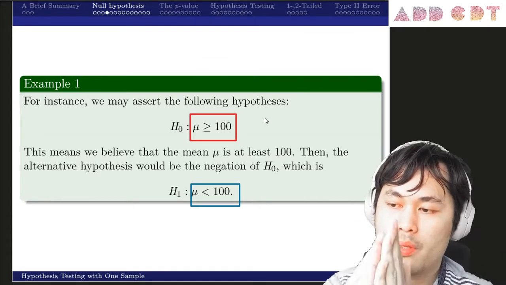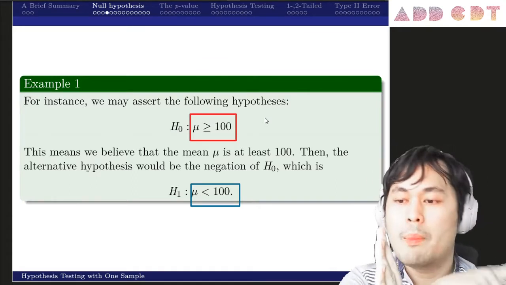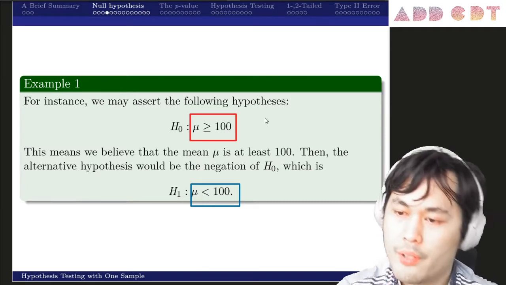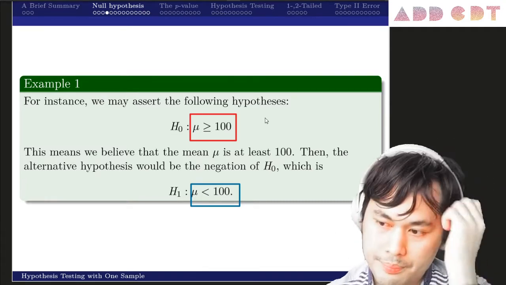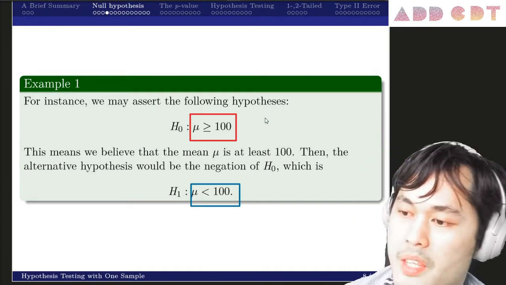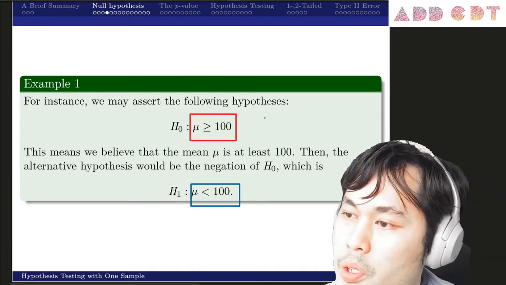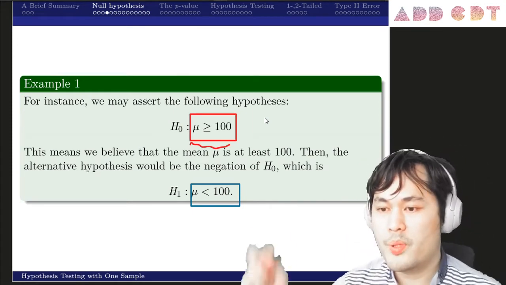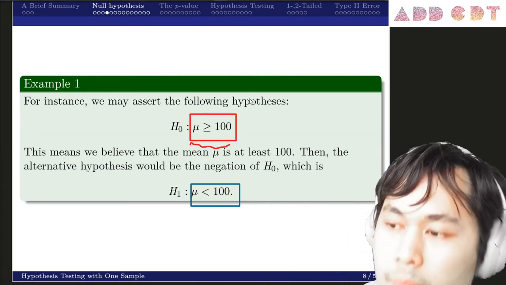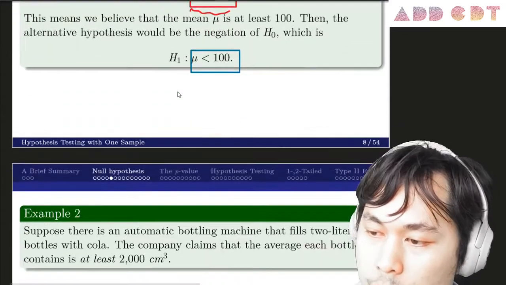If we believe that mu is at least that number, then the alternative hypothesis H1 is that mu is less than 100. Simple enough. You can use mathematical terms, or just put in a sentence whatever you find more convenient.